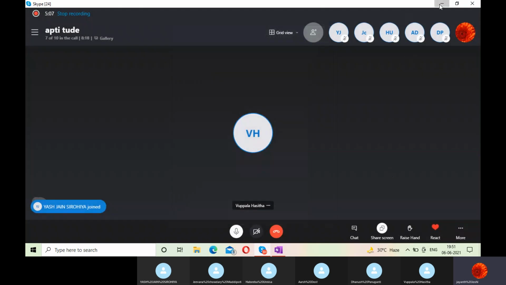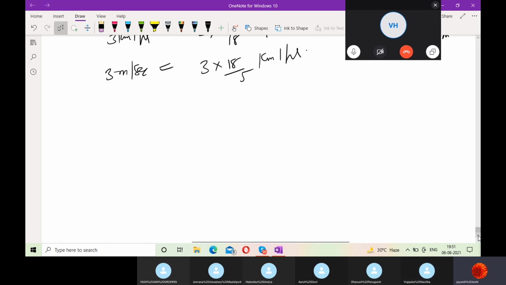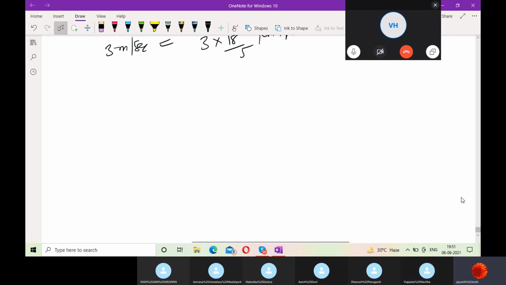Let me first explain the category of questions they can give in problems on trains. What kind of questions you can get is a secondary matter, but first you should learn the concept. What concept is behind the problems on trains chapter? So let us see the concepts.